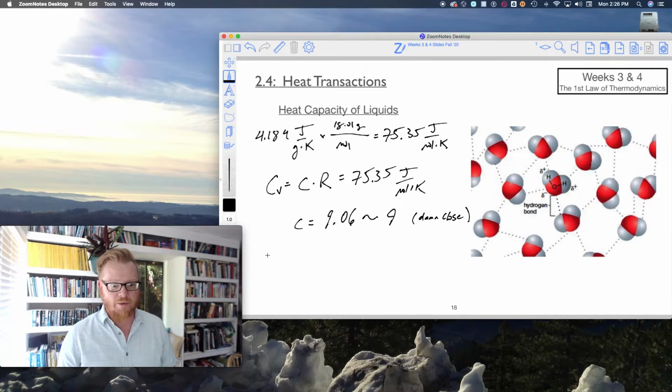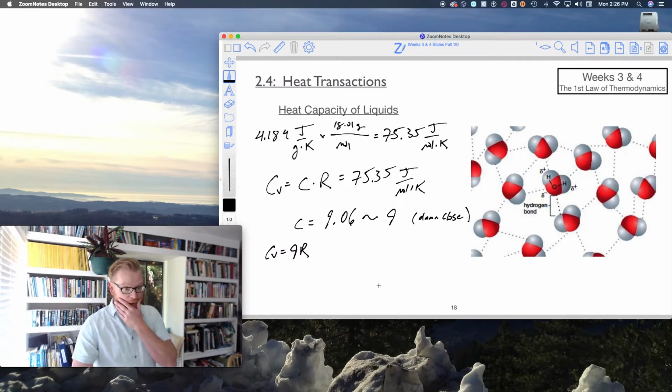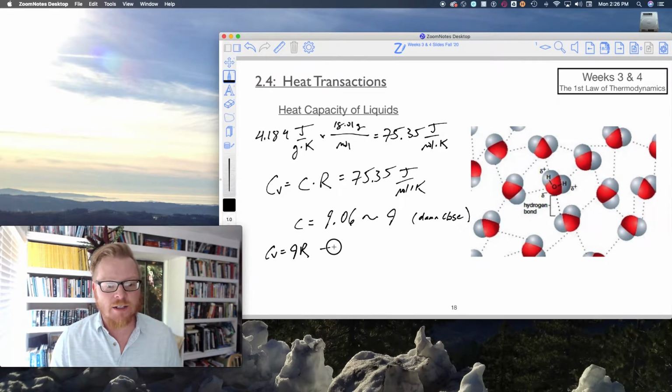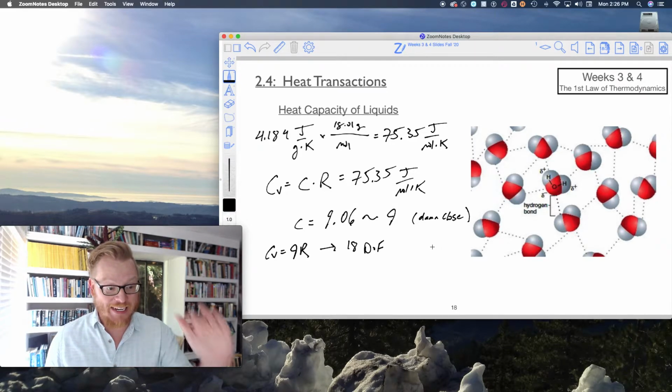Okay, well, if CV for liquid water is 9R, how many degrees of freedom does that correspond to? Well, it would have to correspond to 18 degrees of freedom, right? 18 times 1/2 R gives me 9R.